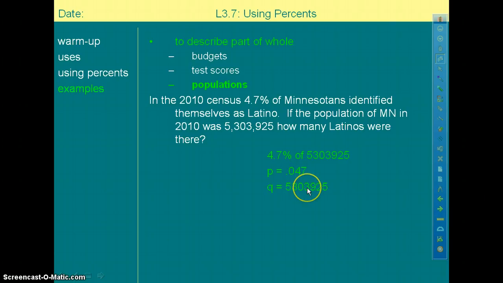Our quantity would be our actual whole population. The resulting quantity then would be 24,925.275. Now, since we're talking about how many people, this decimal answer might not make sense. We would round this to the nearest whole number and say that there are about 24,925 Latinos. This represents 4.7% of the Minnesota population.